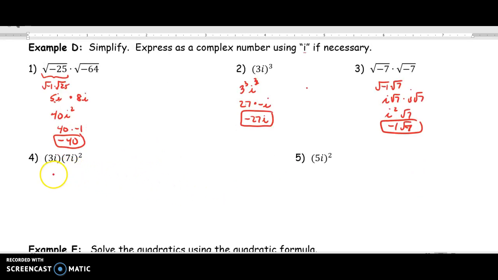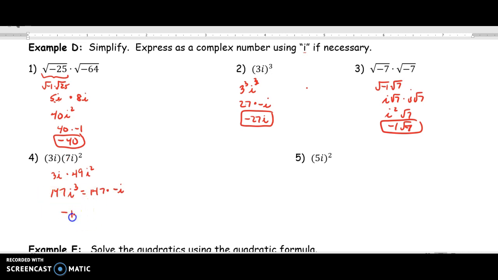So the next one, you get 3i times 7 to the second power is 49. i to the second power is i squared. So you get 3 times 49, right? 3 times 49, which is 147. i to the third, well, we want to know that that's going to be 147 times negative i.